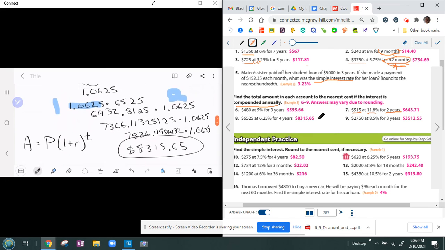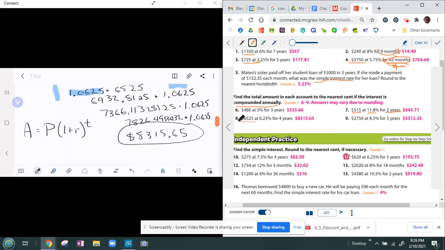The original principal was, oh, I see it here. 6,525 times 1 plus the rate, which was 0.0625, and then to the 4th power because it was for 4 years. Okay, then you would simplify. 1 plus 0.0625 comes to 1.0625, and that's to the 4th power.